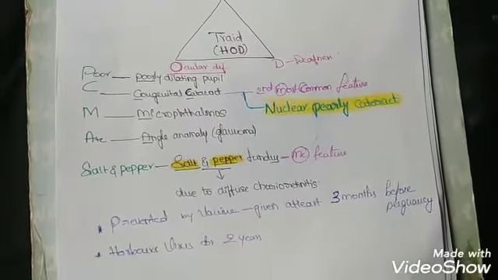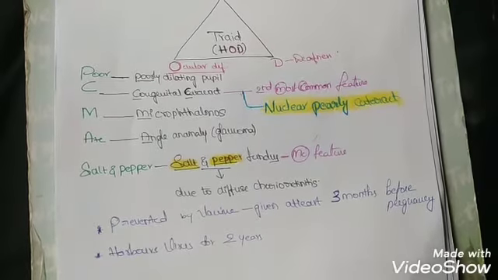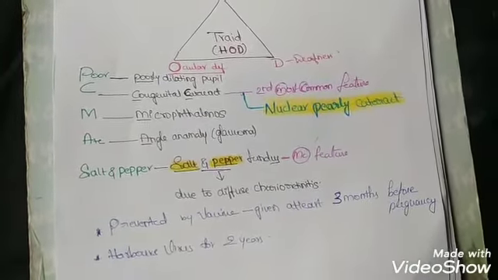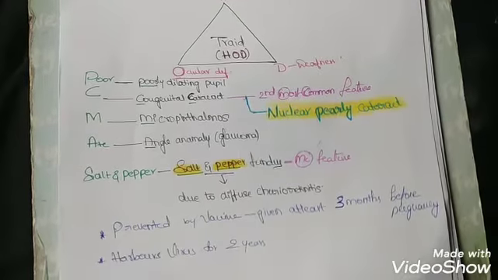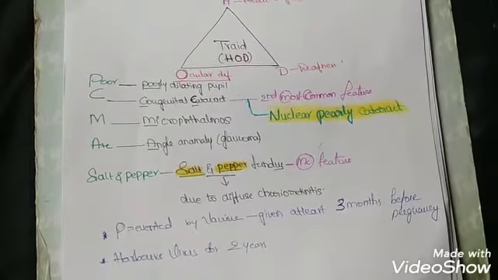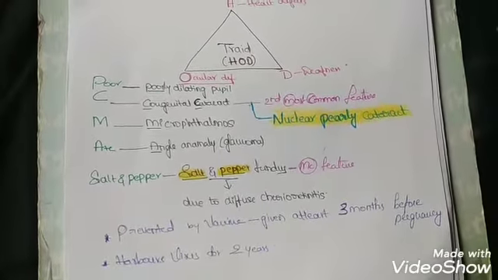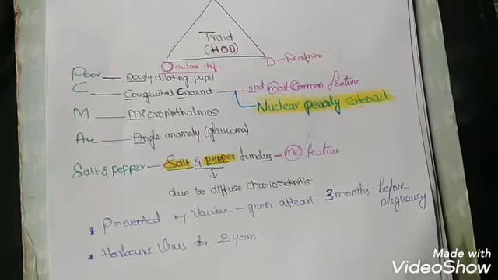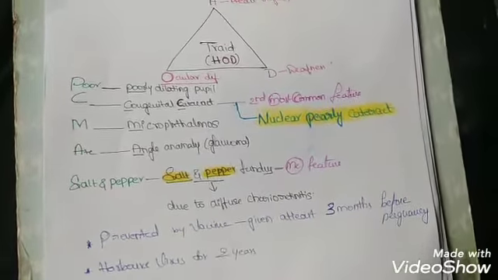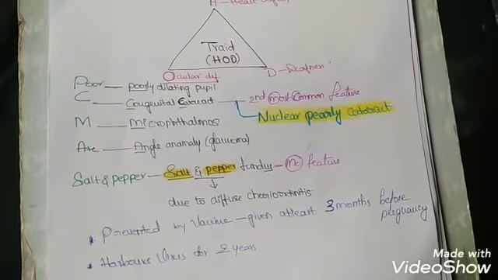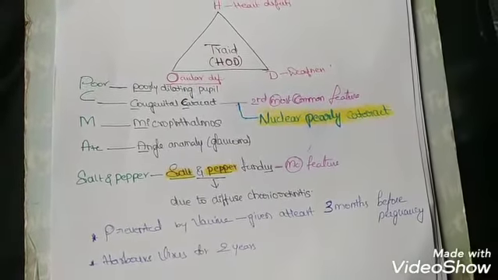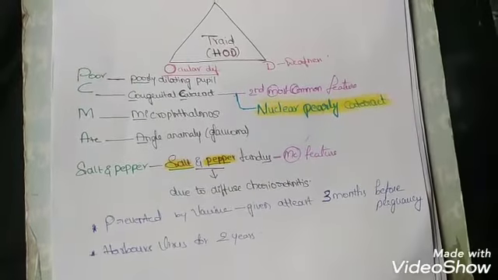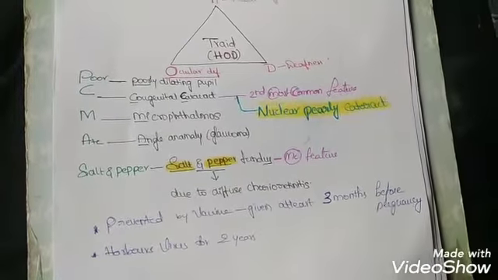Poor refers to the poorly dilating pupil seen in the syndrome, and then the congenital cataract, M for microphthalmos, and then 8, the T ear small, and then A is angle anomaly, which includes glaucoma, and then salt and pepper fundus. Okay, and salt and pepper fundus is the most common feature in this syndrome. The cause of the salt and pepper fundus is diffuse chorioretinitis.